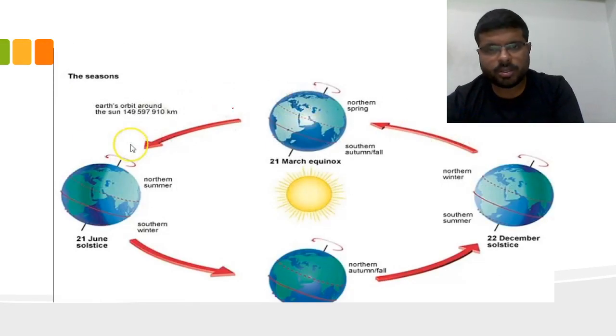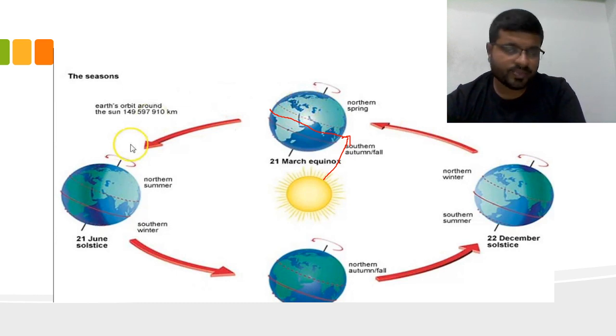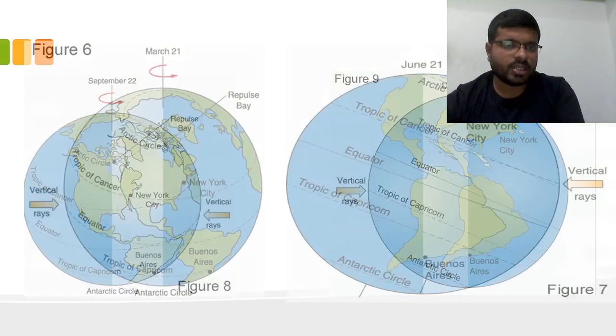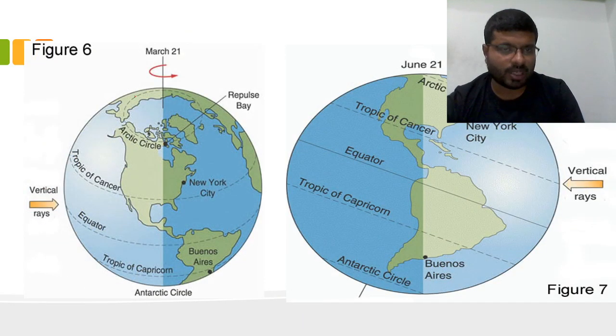You see here what happens. If this is the equator line, the vertical rays of the sun will fall exactly here, because of which the whole earth experiences equal day and night. You can see in this photograph, March 21st, what happens?